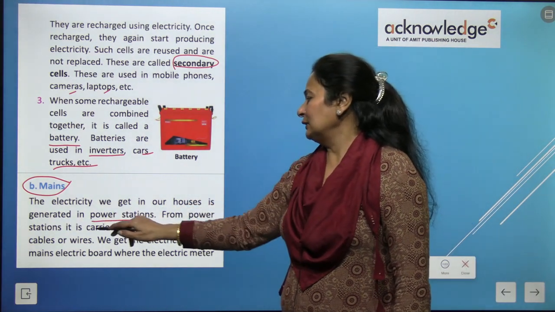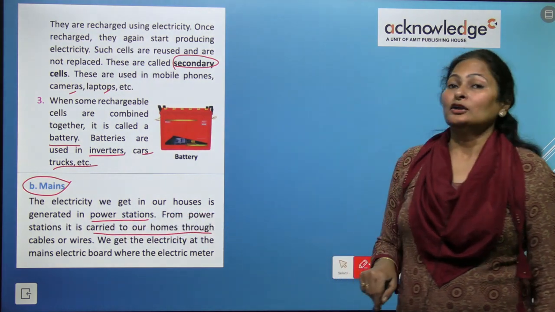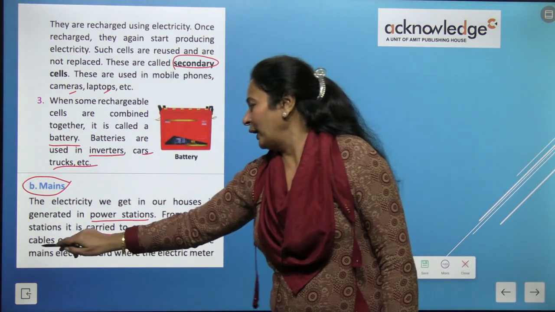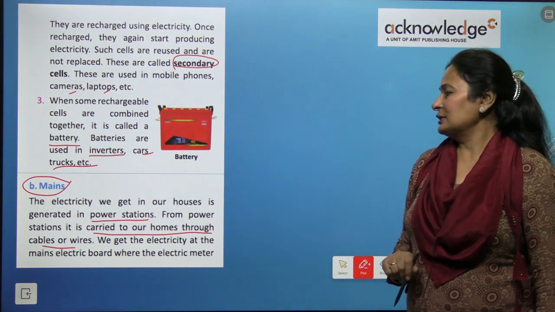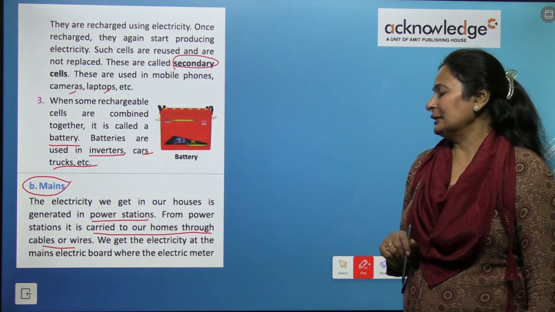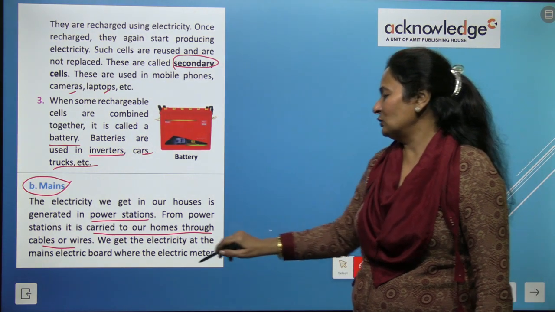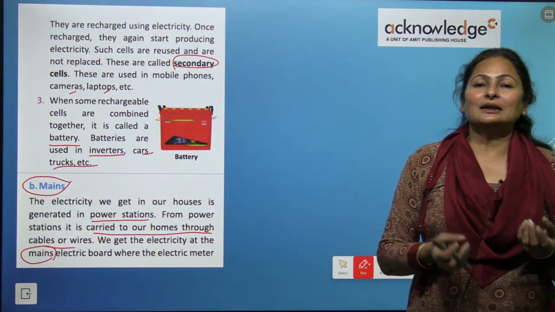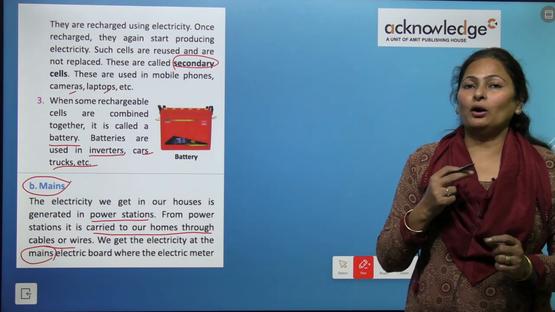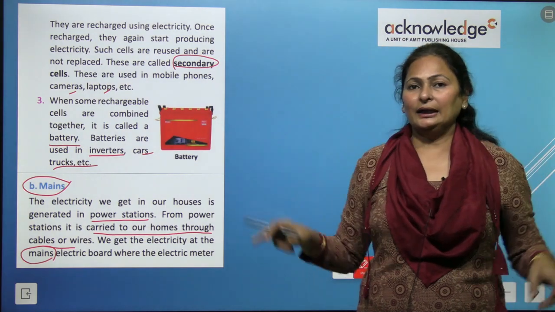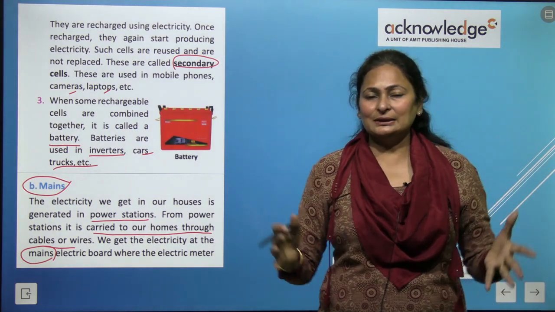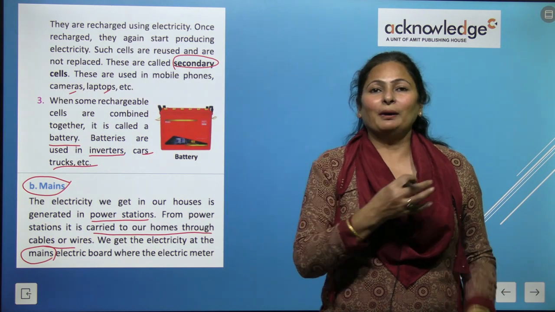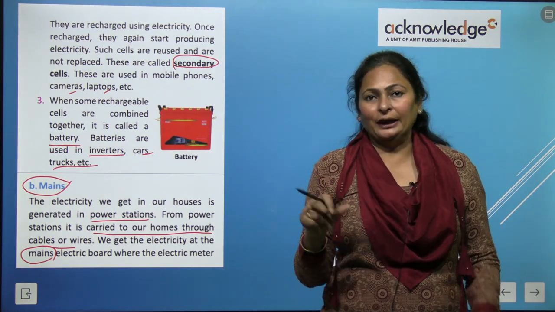From the power station, it is carried to the home through cables or wires. We get the electricity at the mains electric board where the electric meters are put. So mains is the main switch. You must all have an electric meter. Mains is that point, right?